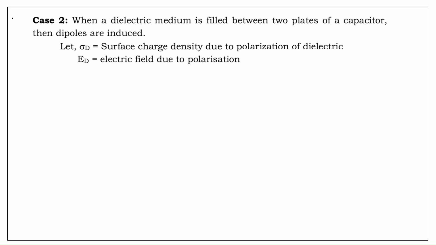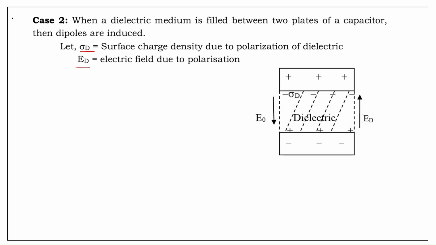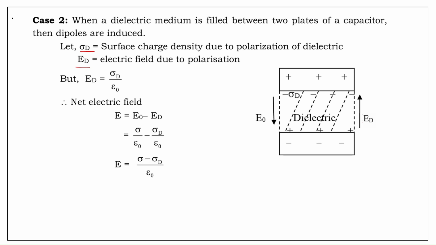Case 2. When a dielectric medium is filled between two plates of a capacitor, then dipoles are induced. Let sigma d be the surface charge density due to polarization of dielectric. Ed is the electric field due to polarization.